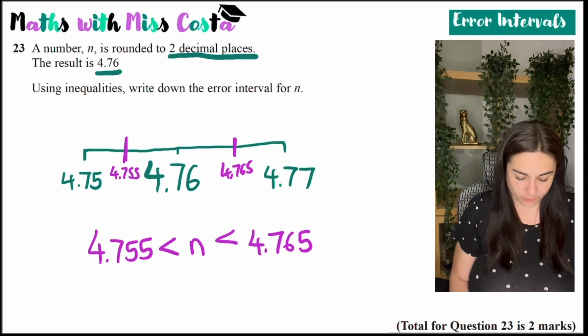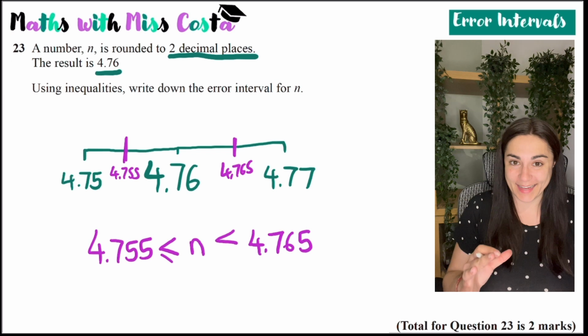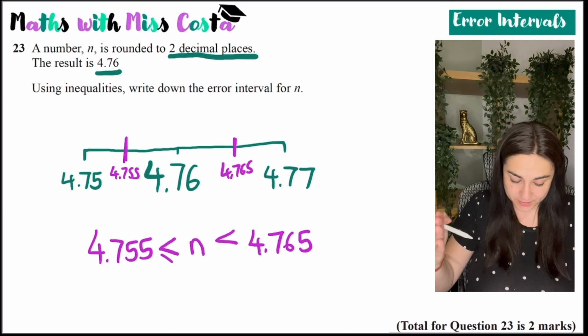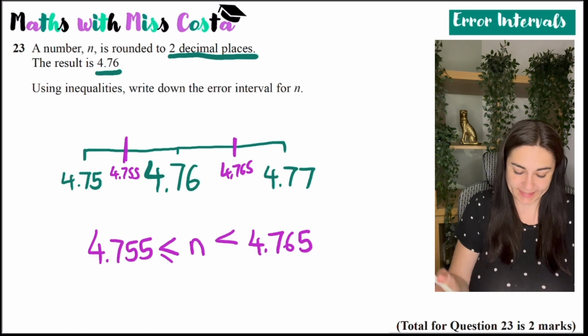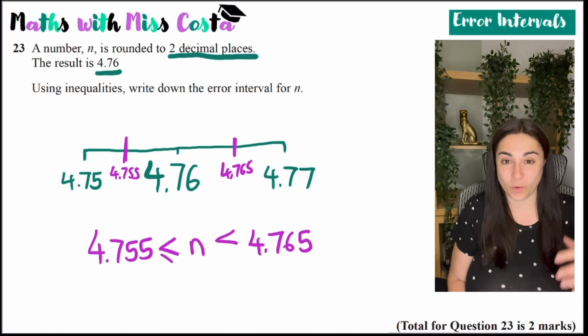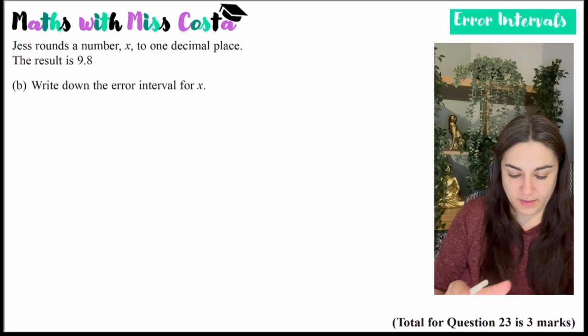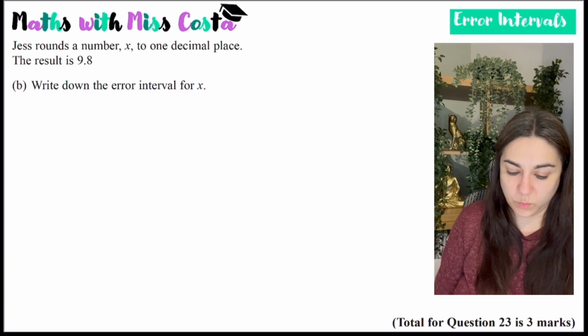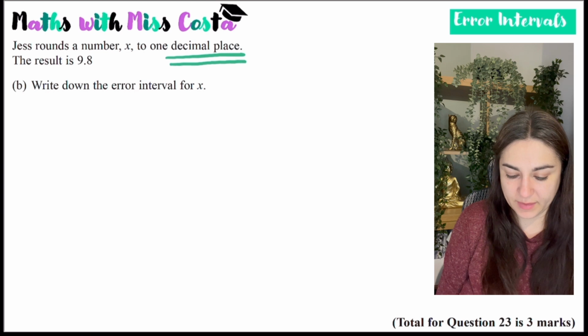Oh, sorry, I got that the wrong way around. So 4.755 is less than or equal to n, because if it was 4.755, it would round up to 4.76 to 2 decimal places, and it has to be less than 4.765, because if it was actually 4.765, it would round up to 4.77.